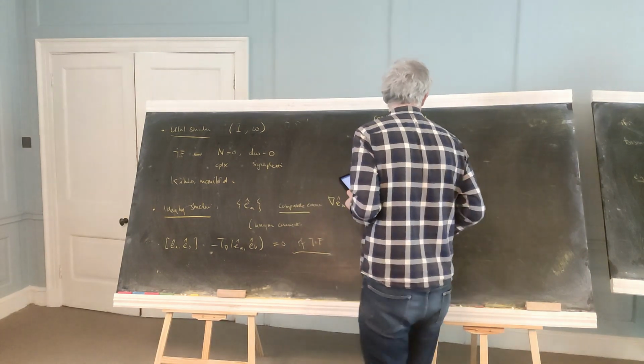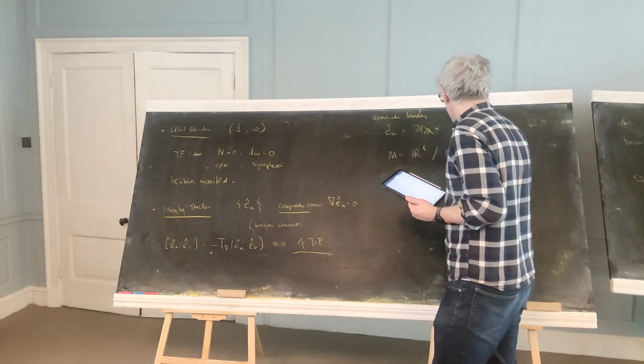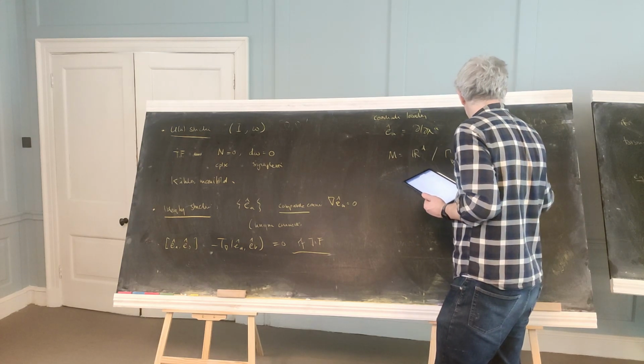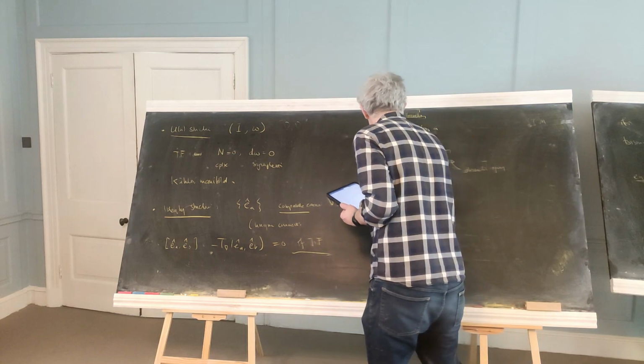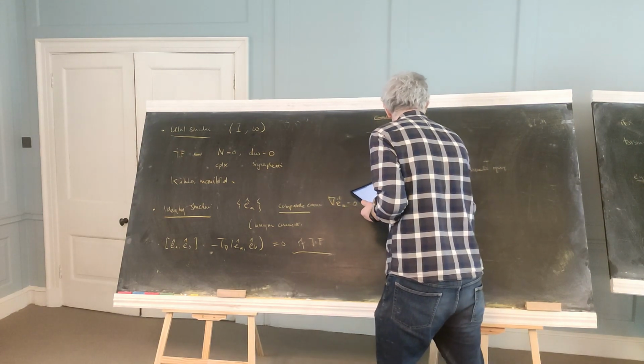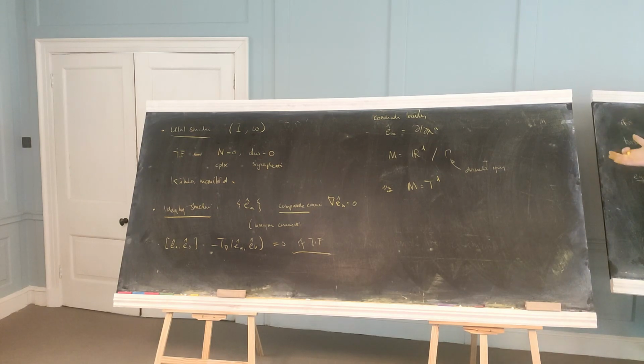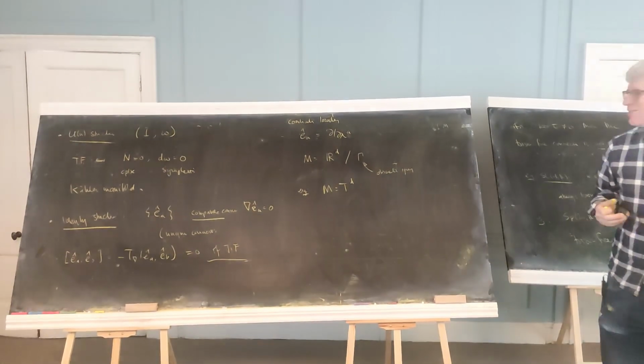It could be quotiented by some discrete group. So for example, M could just be the d-dimensional torus. Could be flat space, could be a torus quotiented by something, could be one direction flat space, the rest a torus, and so on. But basically it's flat space.